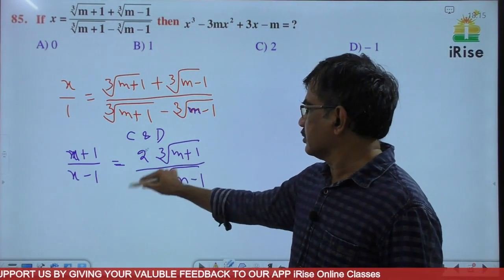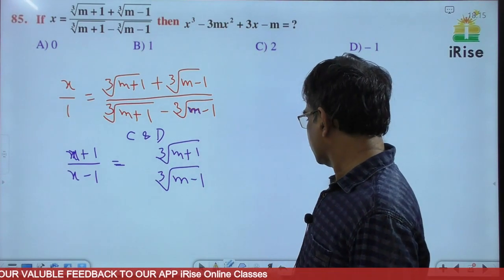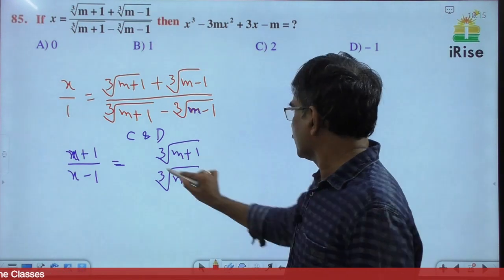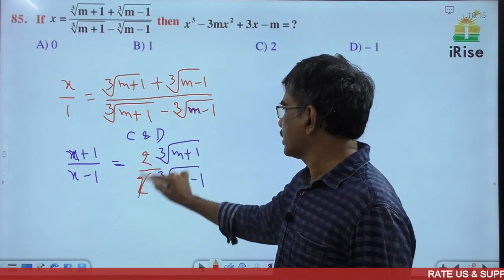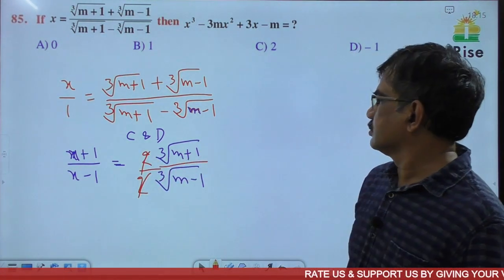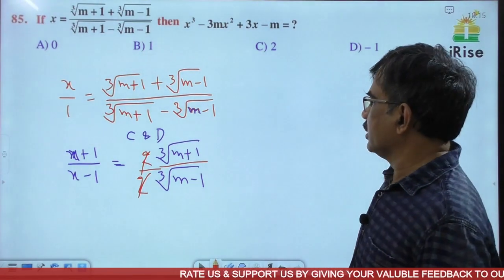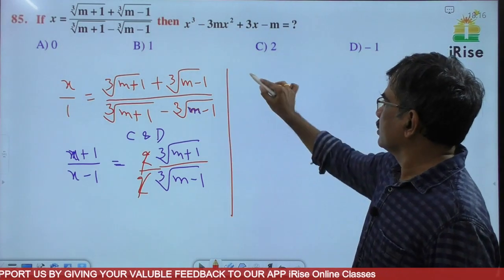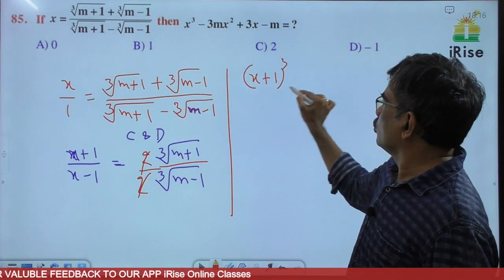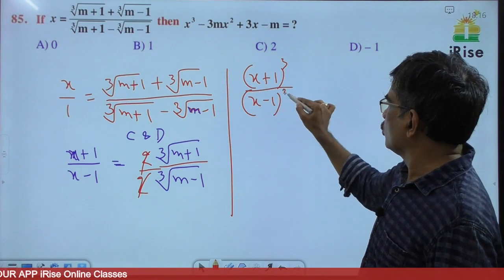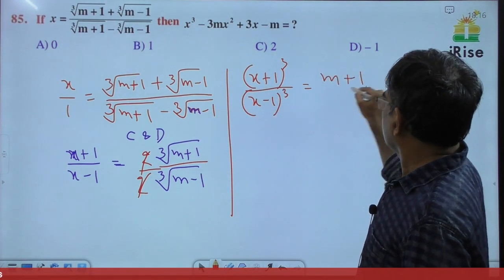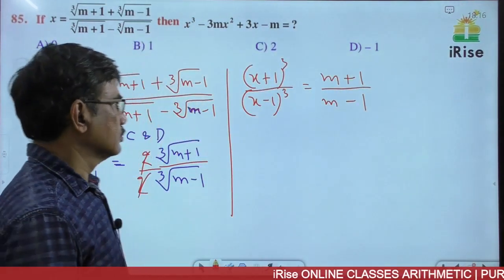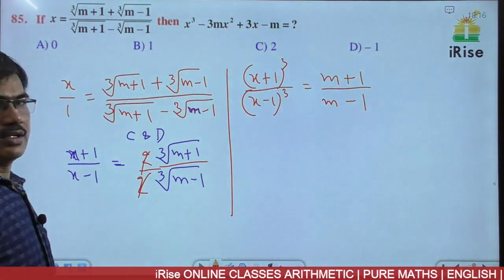Here 2 cancels. 2 gets cancelled. Then taking cube root on both sides, (x+1)³/(x−1)³ is equal to (m+1)/(m−1).